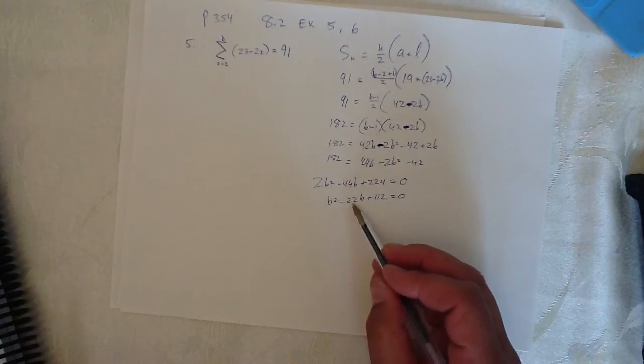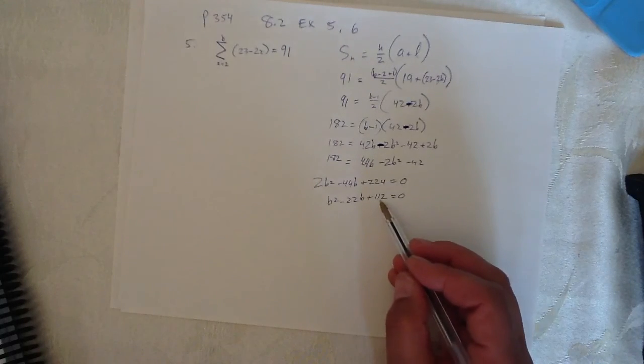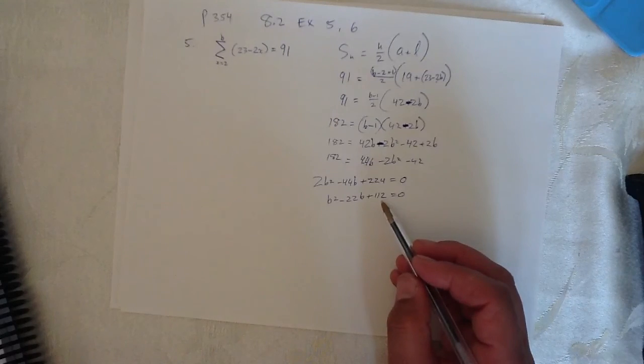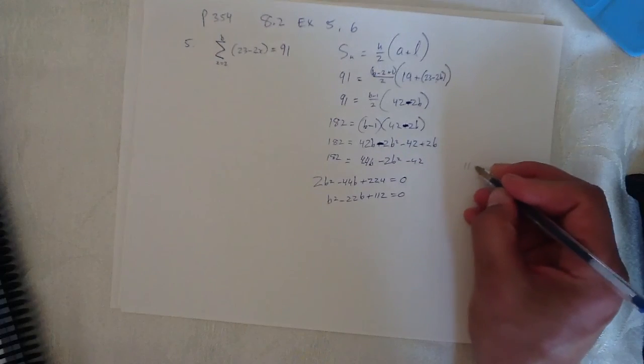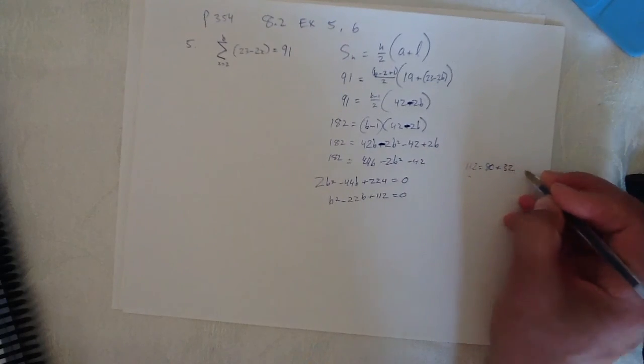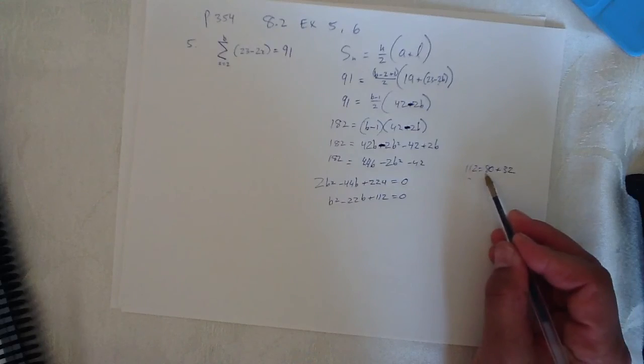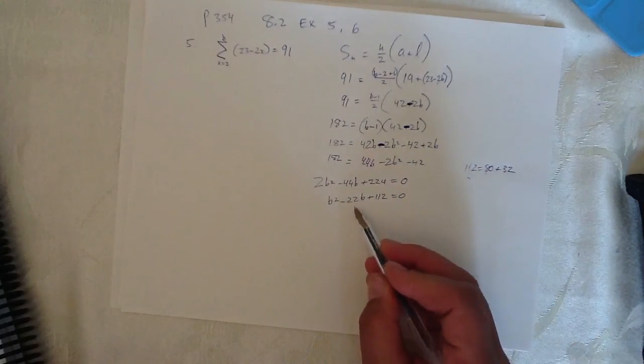Then I look for factoring opportunities. I look for numbers that add up to negative 22 and multiply to 112. 112 is 80 plus 32, both of which are multiples of 8, so 8 will go into 112 14 times. 14 and 8 add up to 22.